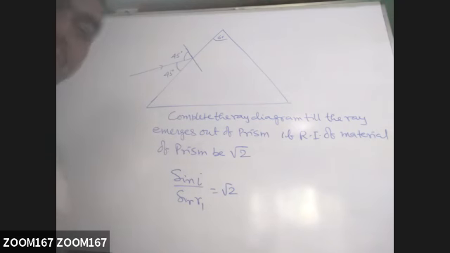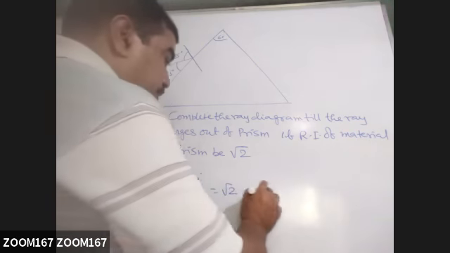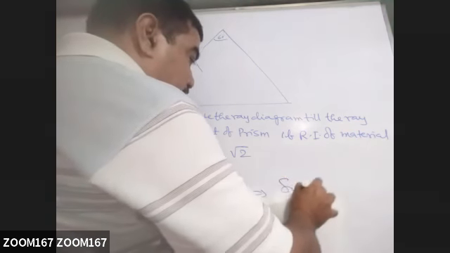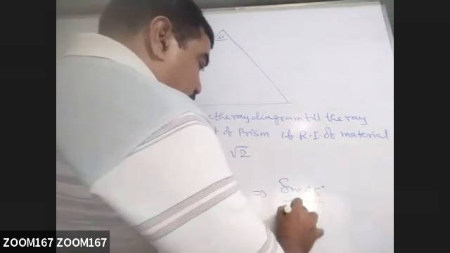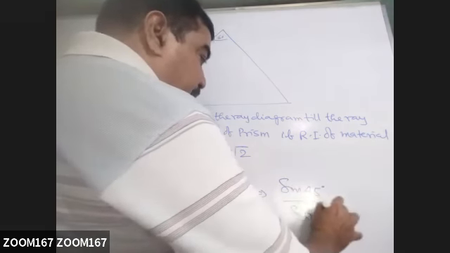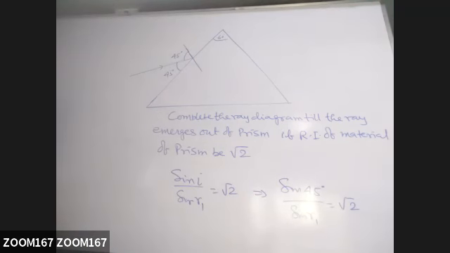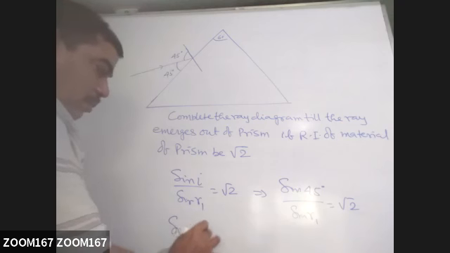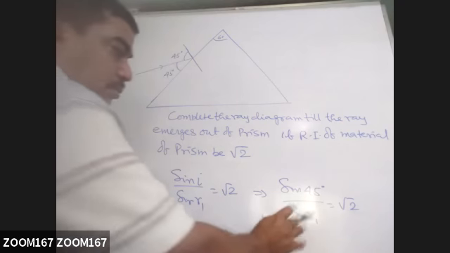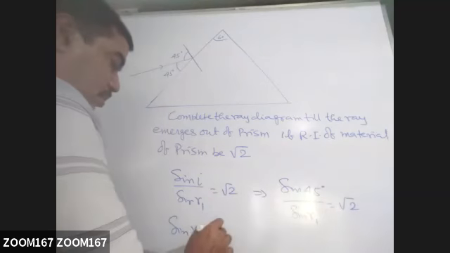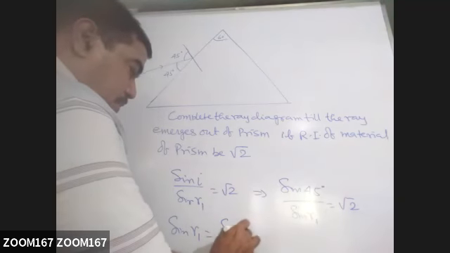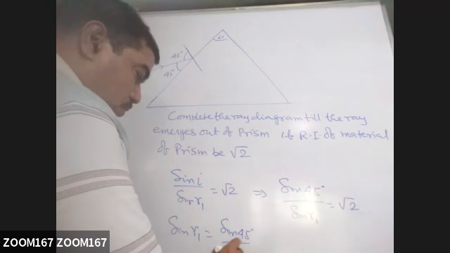Sin i by sin r1 will be root 2. So sin 45 over sin r1, so sin r1 will be sin 45 over root 2.